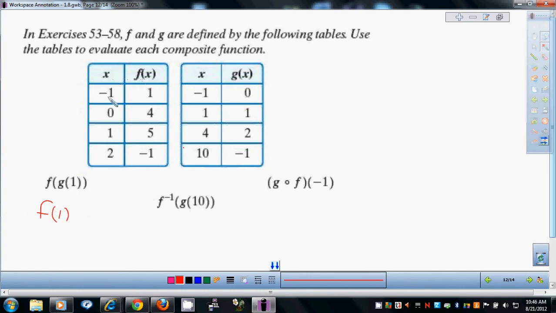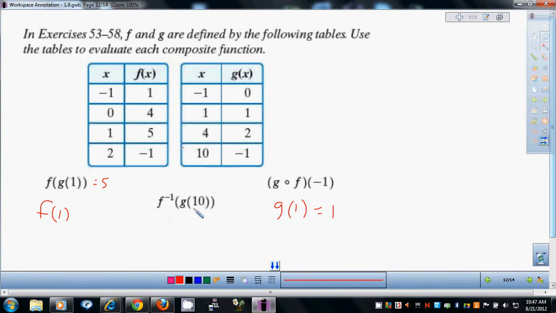So f, go where it's 1, what's my y value? So this whole thing is 5. Try the next one. Go to f, where x is negative 1, what is my y? Positive 1. So then I go to my g and find where it's positive 1, what's my y? Positive 1.